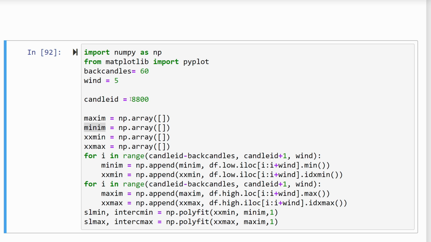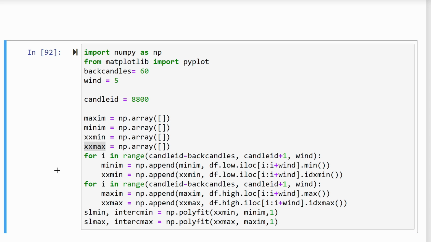So I'm at candle number 8800 and I'm looking 60 candles before this candle just to check where I can find maxima points and minima points that we are going to store in those NumPy arrays. So they are called maxim and minim. And the indexes of the positions where we found the maxima and the minima points are stored into the XX minimum and the XX max, also two NumPy arrays.